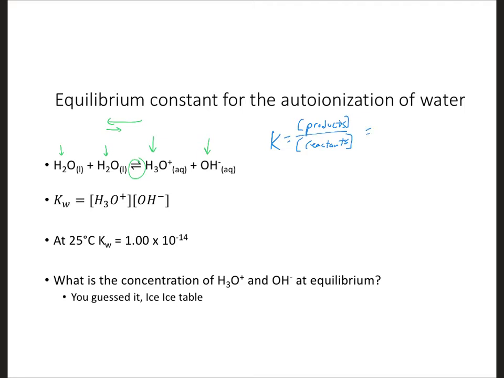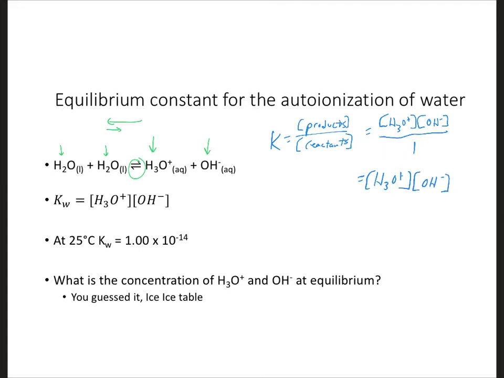So the products are the concentration of H3O plus times the concentration of OH minus, over the reactants. The reactants here are liquids, so we put a 1 there, not a 0, but a 1. This simplifies to the H3O plus concentration times the OH minus concentration.